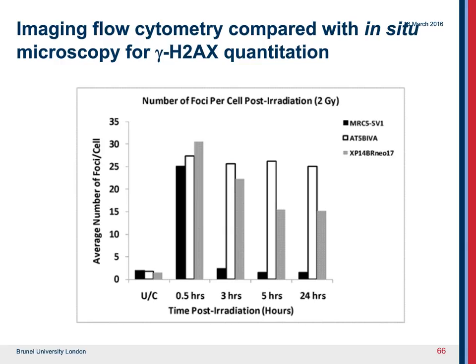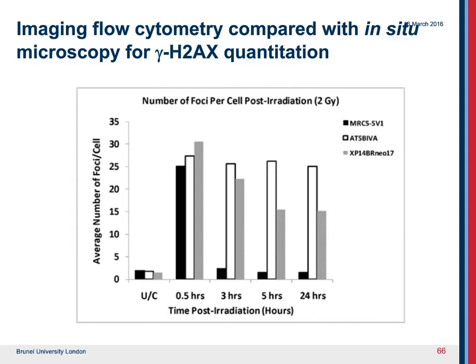The question I'm often asked is, how does imaging flow cytometry compare to in situ microscopy using a 100x magnification objective? Well, we did that experiment where we looked at the number of foci in our repair normal cells, the MRC5SV1, compared to our ataxia cells and our XP cells, which are also defective in double-strand break repair.